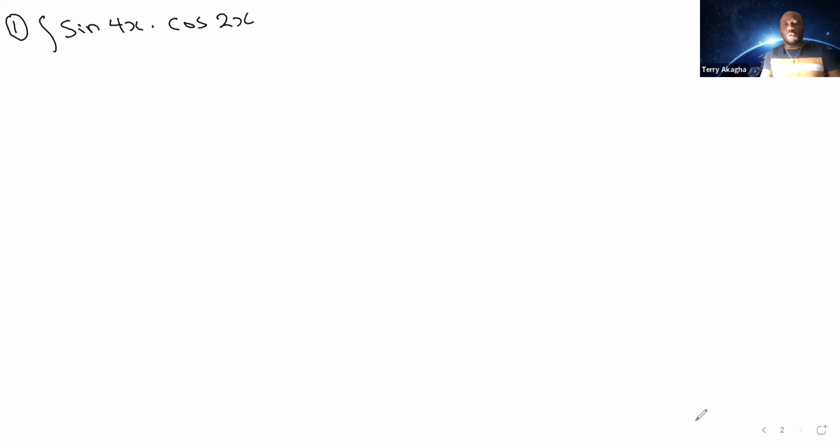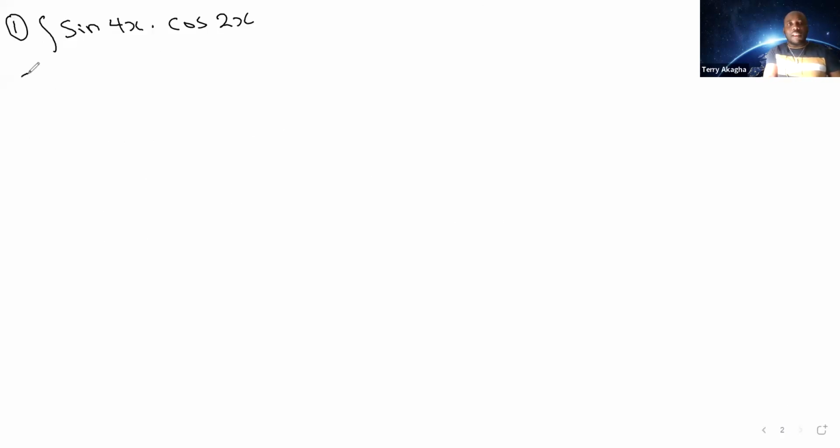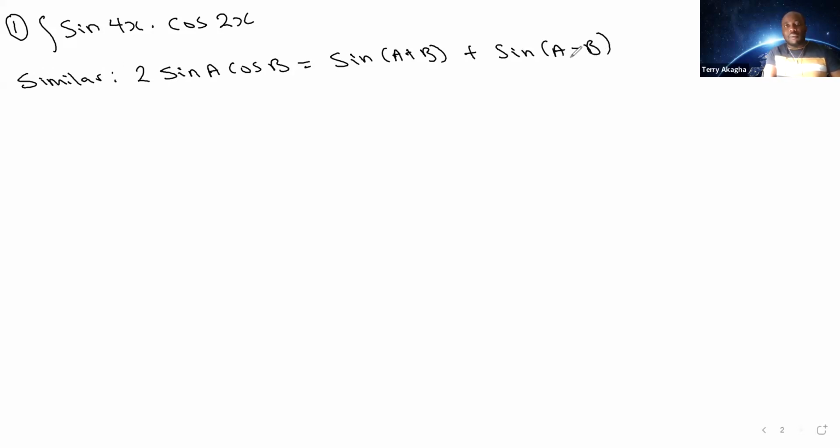If you look behind, this is sine A cos B. You can see that it's similar to the trig identity we said: 2 sine A cos B is equal to sine(A plus B) plus sine(A minus B).